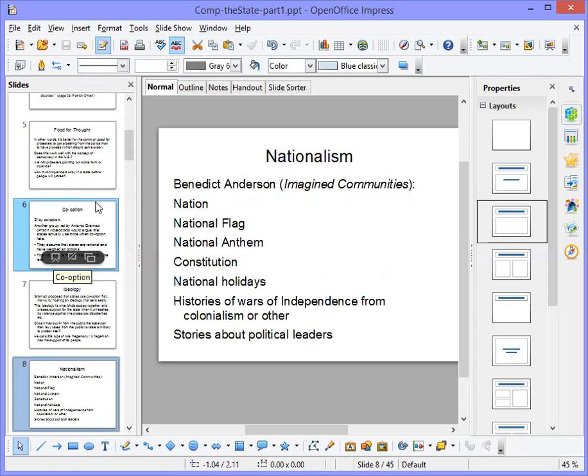And Benedict Anderson has written this book called Imagined Communities, and he looks at the ways that the nation actually creates this buy-in. First we have to create the idea of a nation. How do we do that? We have a large variety of people living in a country. Even if they look similar and speak similar languages, their ideas are different. They're rational, they're thinking all the time about themselves.